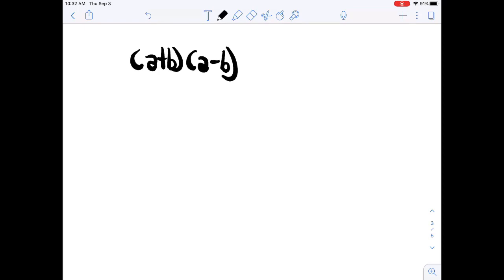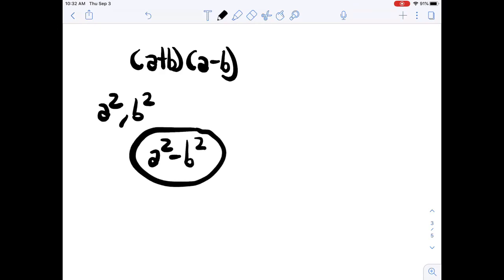So there's not going to be 3 terms in this case, it's just going to have 2 terms. So we know we get a squared and b squared in the end, but I said it's a difference of the squares, so the answer is going to be a squared minus b squared.